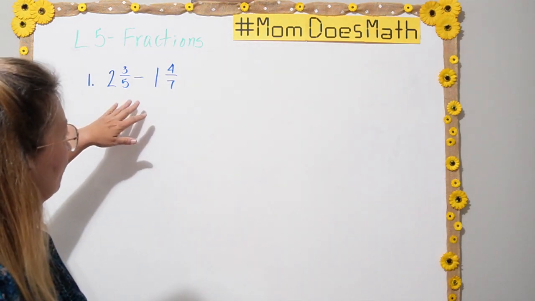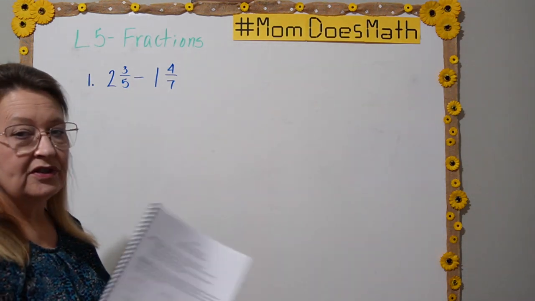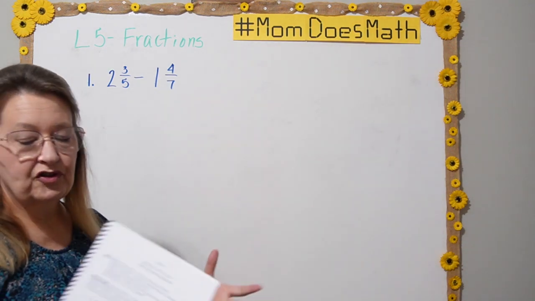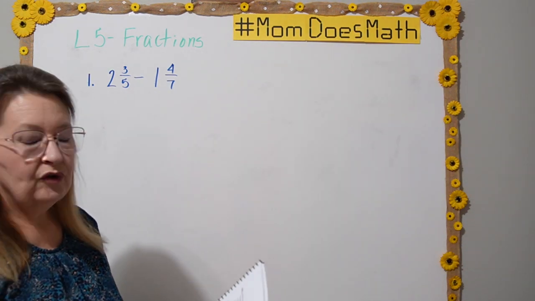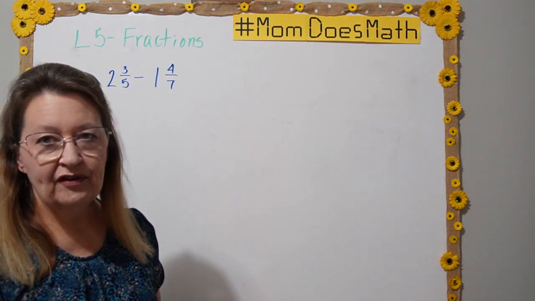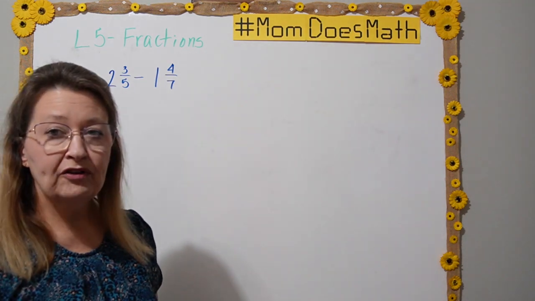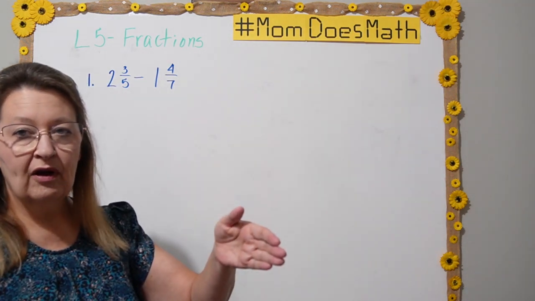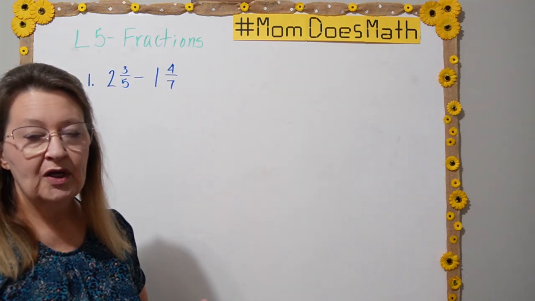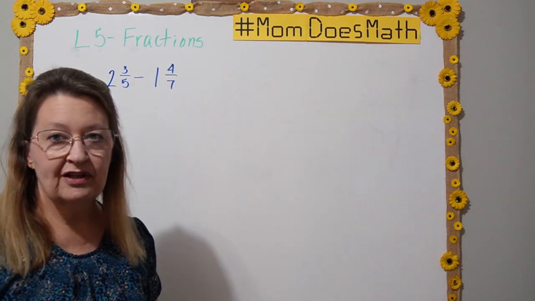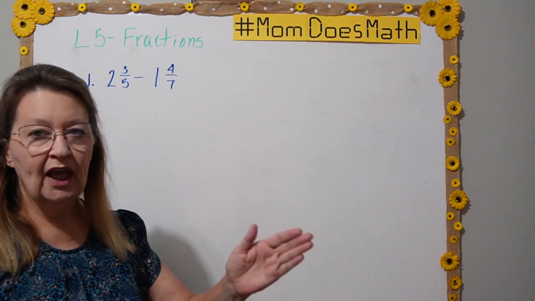So we're going to start with fractions, and there are some tips up here to refresh your memory. When you add and subtract, you have to have common denominators. When you multiply, you just multiply straight across the top and straight across the bottom. When you divide fractions, that's when you do keep, change, flip.